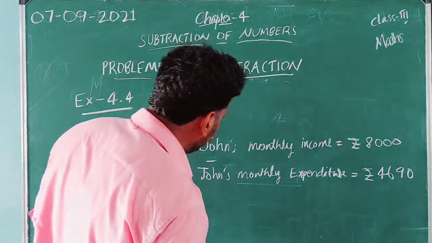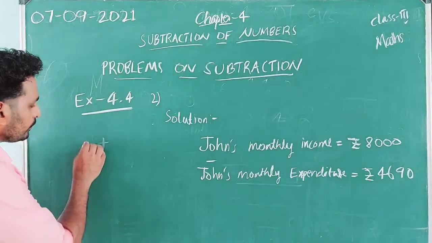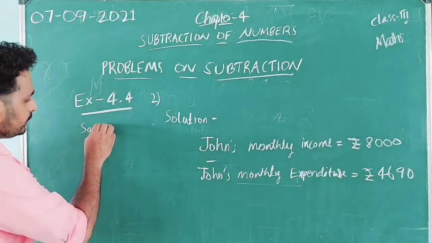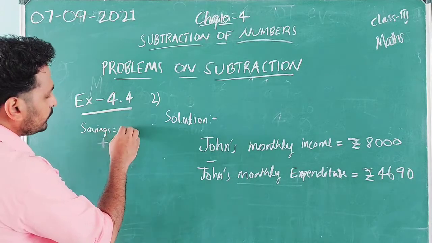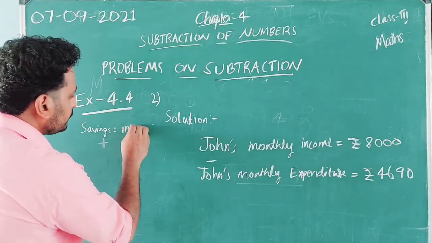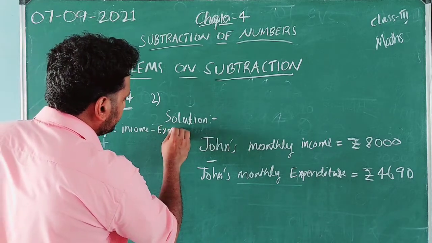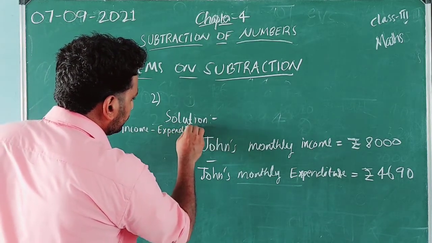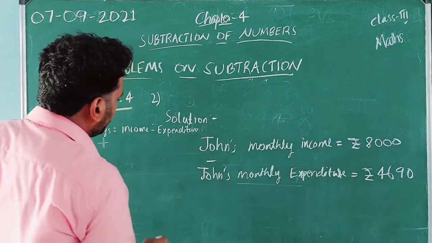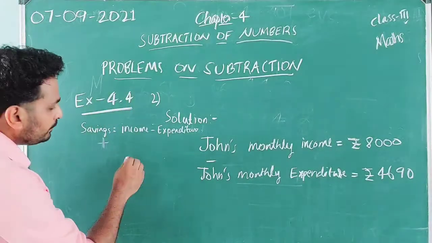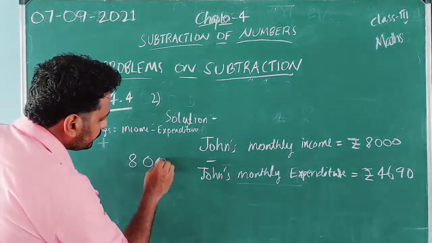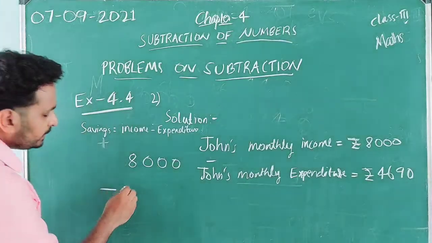So, the savings is equal to income minus expenditure. Okay, so let us do. What is the income? 8,000. And what is the expenditure?